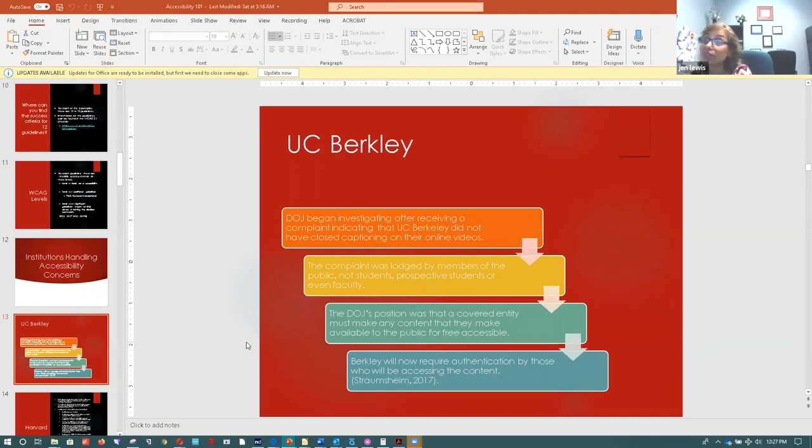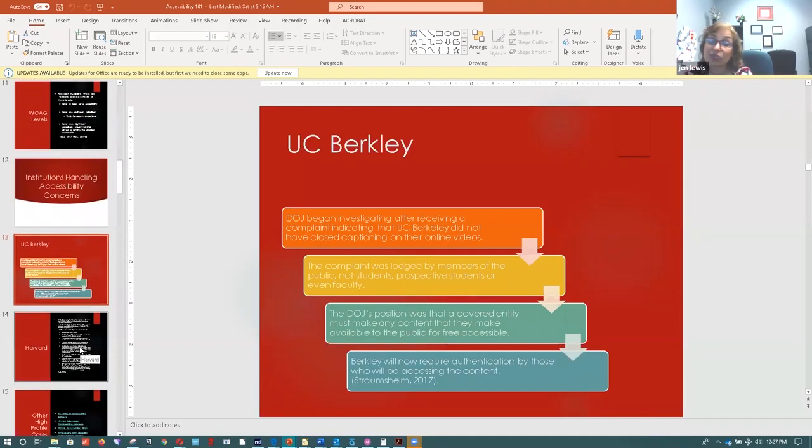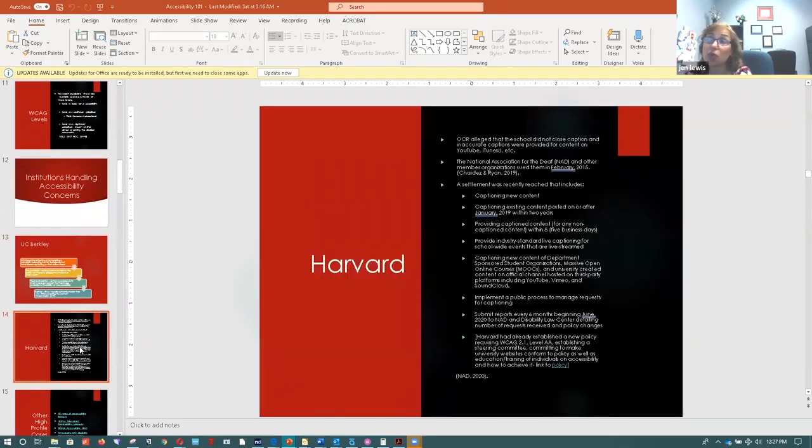People request things to be made accessible rather than automatically making things accessible. That's a culture change that we as institutions are going to have to undertake. But that is definitely going to be addressed if the OCR comes knocking or writing you a note to let you know that you have a complaint. They're going to ask you to make things accessible across the board, not just based on some kind of request.